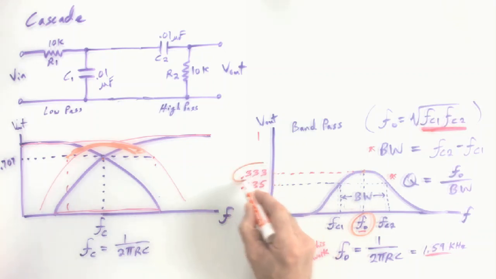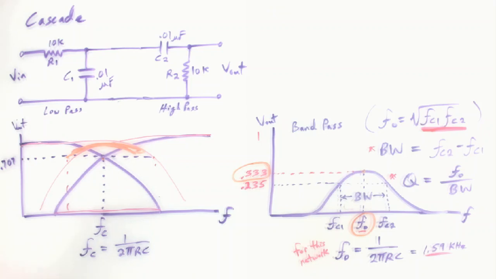But I need you to remember, even at its best, at the highest amplitude, we're going to be down 1/3. So we have an attenuation factor here even for the frequency that gets through the easiest. For this network, we're down 1/3. So you've got to remember that. We're going to refer back to that later.